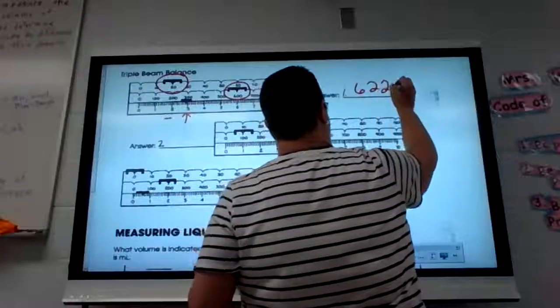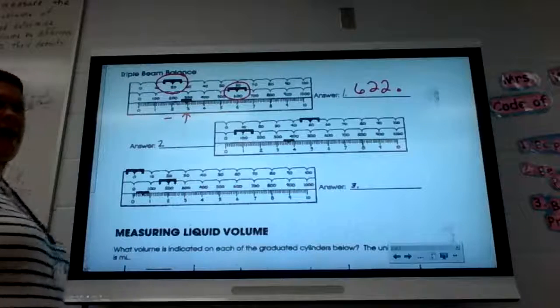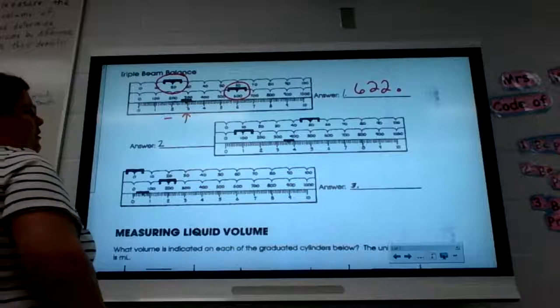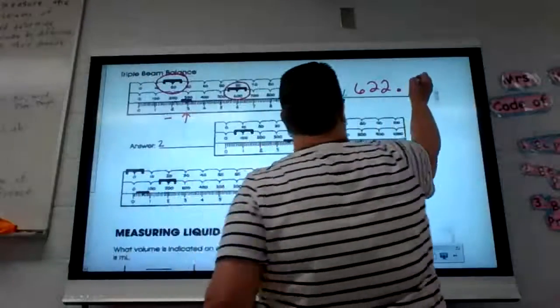Now, here's where we get into discussion every year. What does that look like it's pointing at? Okay. Some people say it's all the way up to the 3. Now, if you said it was at the 3, hold that thought just a second, Zyra. Okay. Most people tell me that it looks like it's 622.1. Most people tell me it's on the 9. All right.